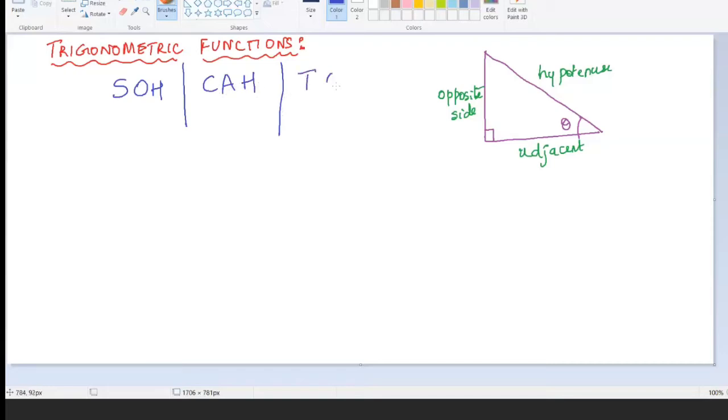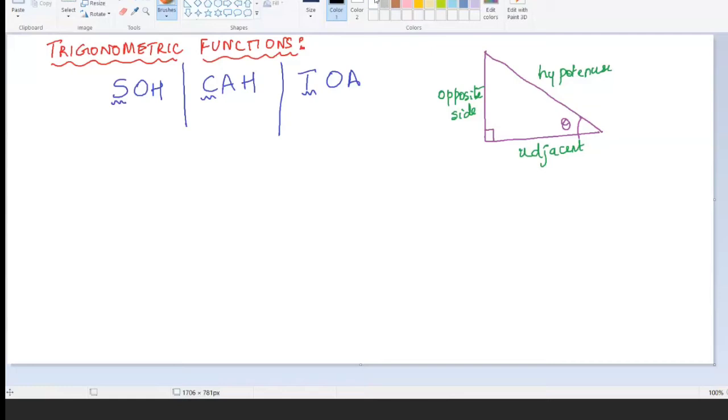S stands for sine, C stands for cos, T stands for tan, O stands for opposite, H stands for hypotenuse, A stands for adjacent. However you feel comfortable, I have no problems at all, but we should get the right answer.